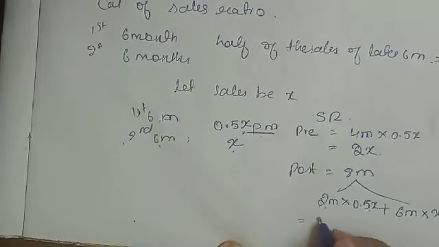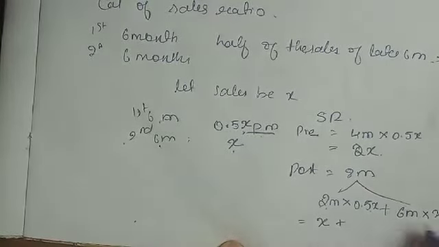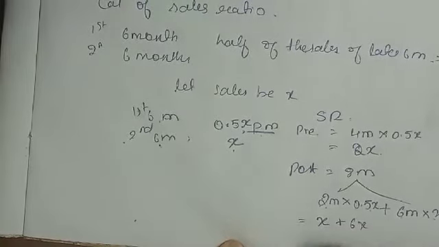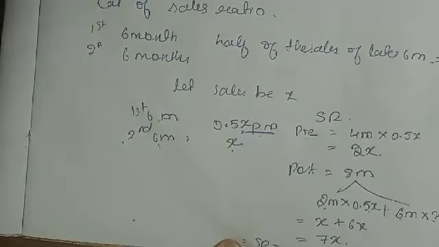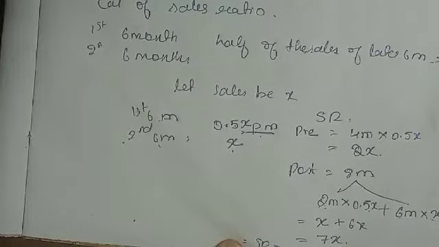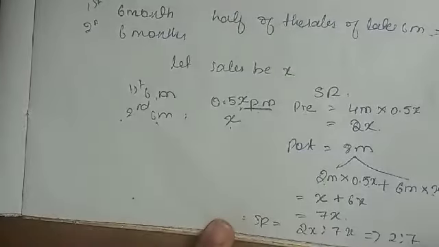Here is x plus 6x, so 7x is the total. Okay, so sales ratio is equal to 2x is to 7x, that is equal to 2 is to 7. This is how we get the sales ratio.